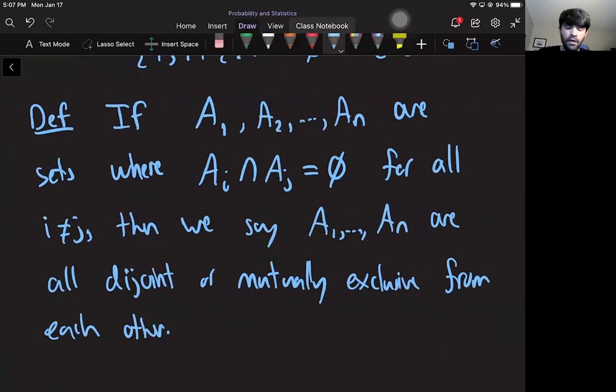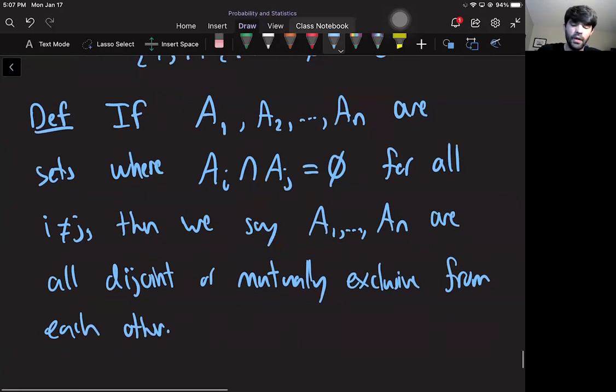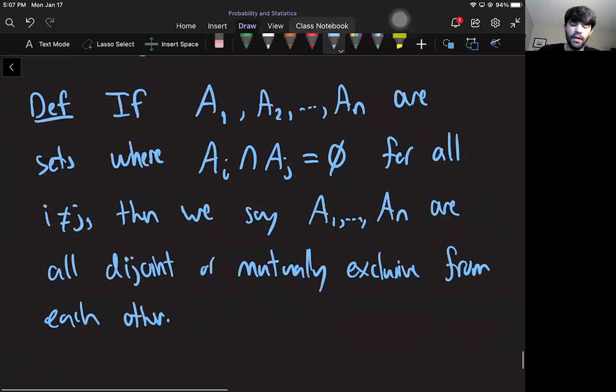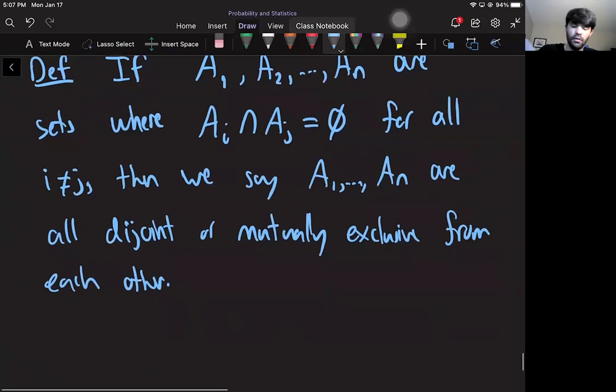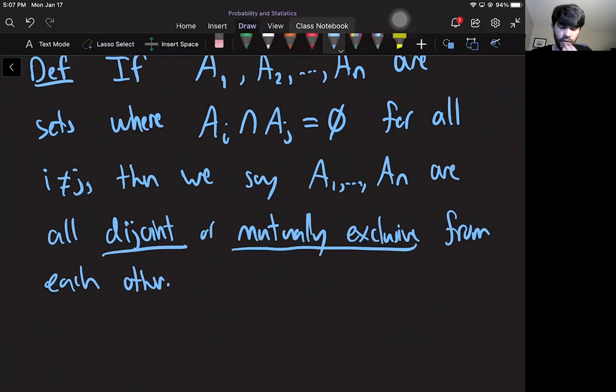They have to be pairwise disjoint, is another way to say it. The intersection of every pair has to be the empty set for you to say that they're all mutually exclusive from each other.